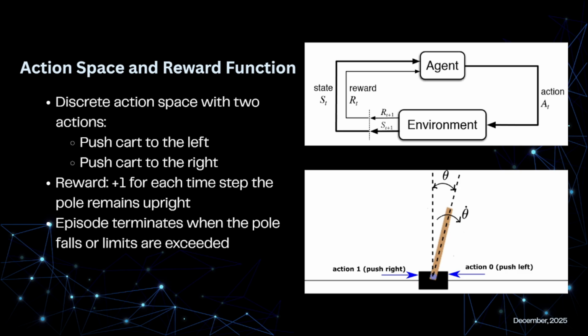The reward function is designed to encourage stability. The agent receives a reward of 1 for every time step that the pole remains upright. The episode ends when the pole falls beyond a safe angle or the cart moves outside the allowed range.